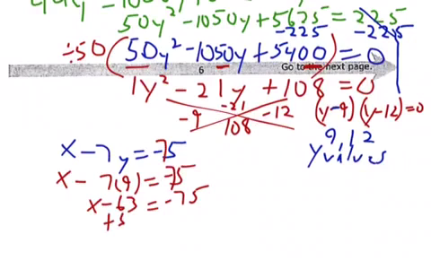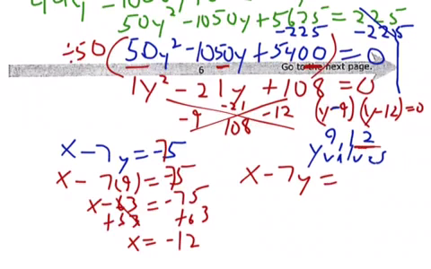And if I add 63 to both sides, x would be negative 12. And I just remembered I want to make that an ordered pair. So that's negative 12, comma, and I plugged in a 9 for y. So negative 12, 9 is my first ordered pair.